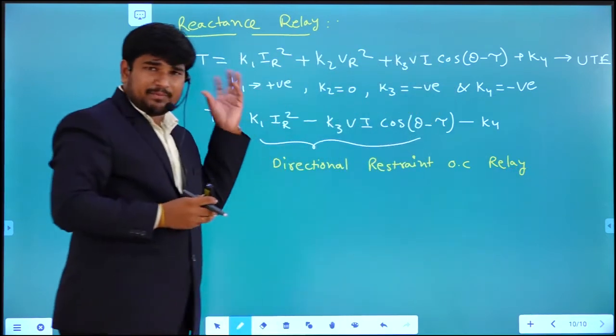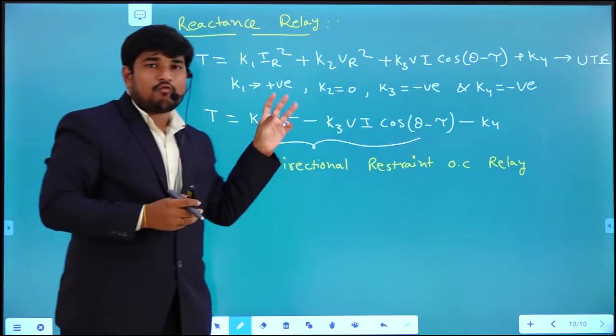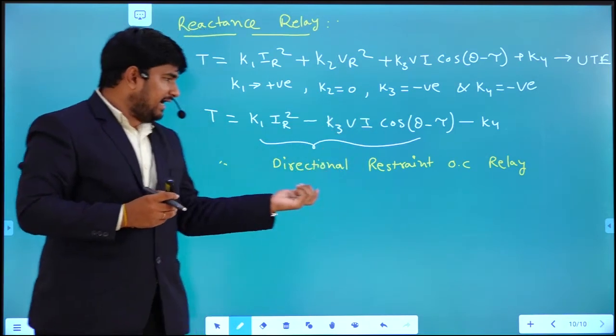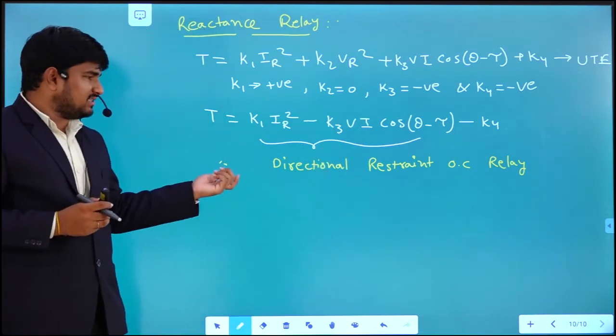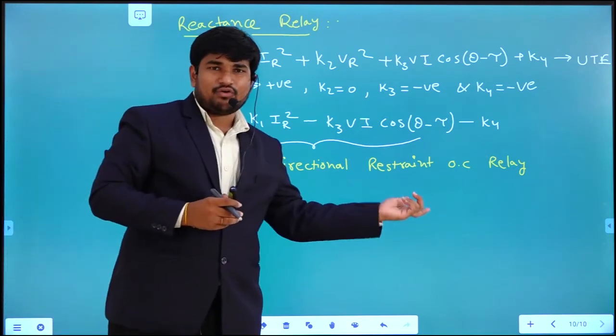In case of impedance type relay, it is a voltage restraint over current relay, and this reactance type relay is the directional restraint over current relay.